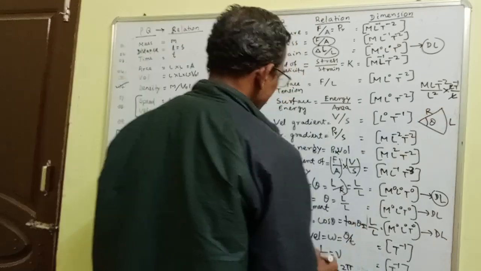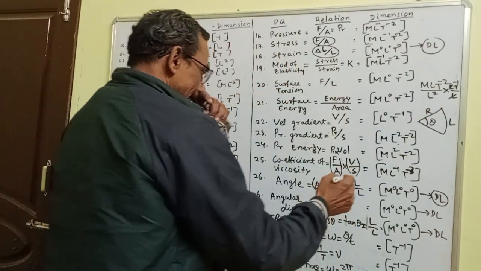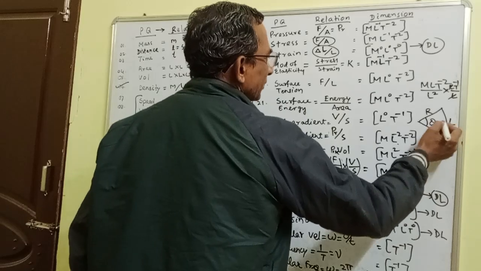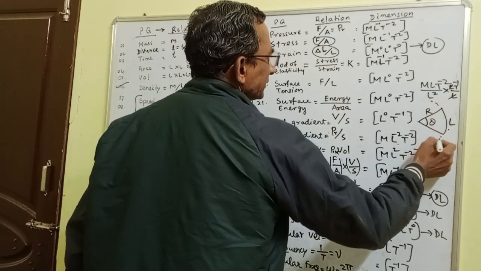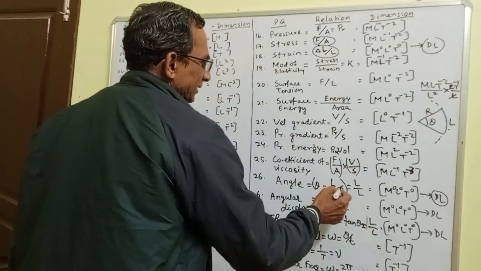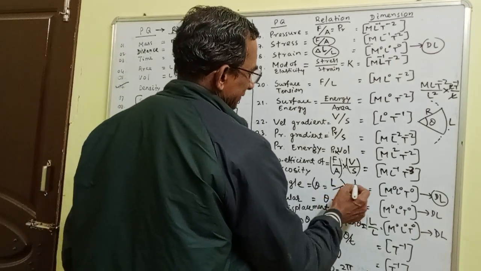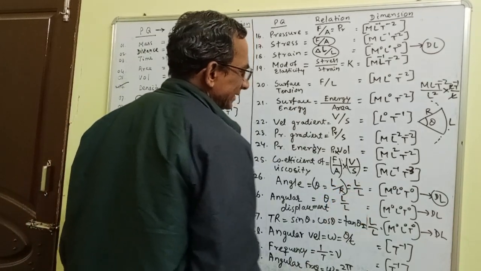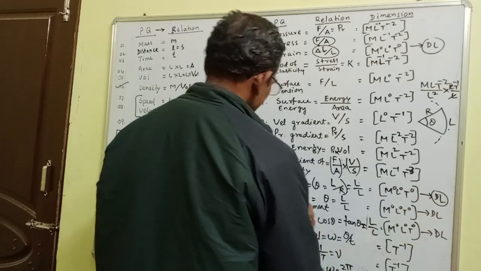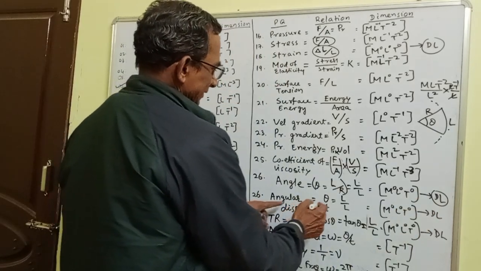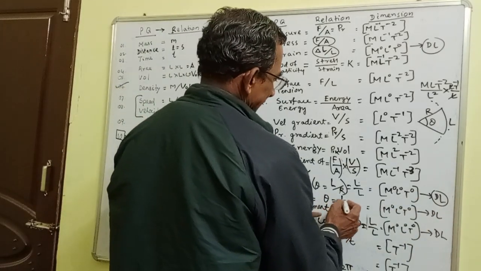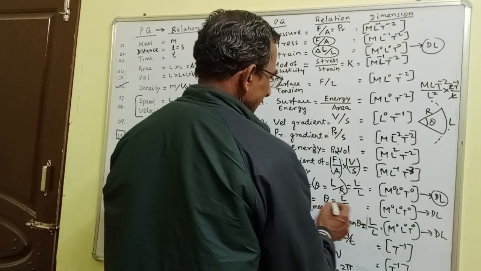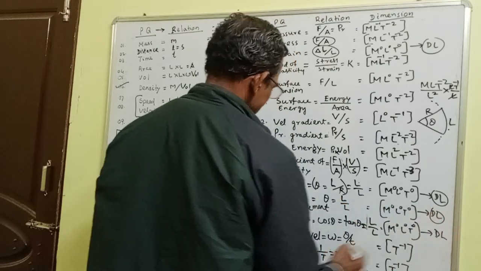Theta is equal to L by R, this arc of the circle divided by radius, that means distance by distance is dimensionless. Angular displacement is again theta, dimensionless.